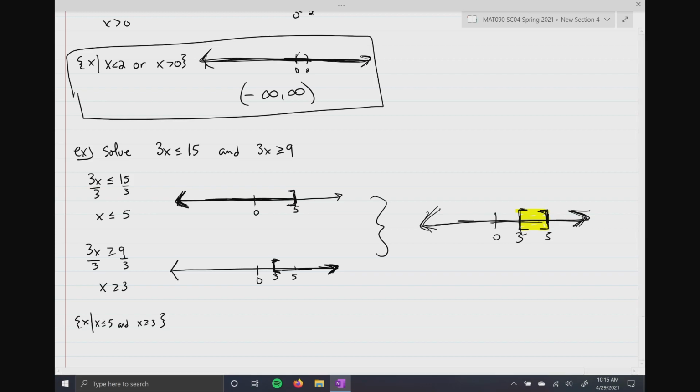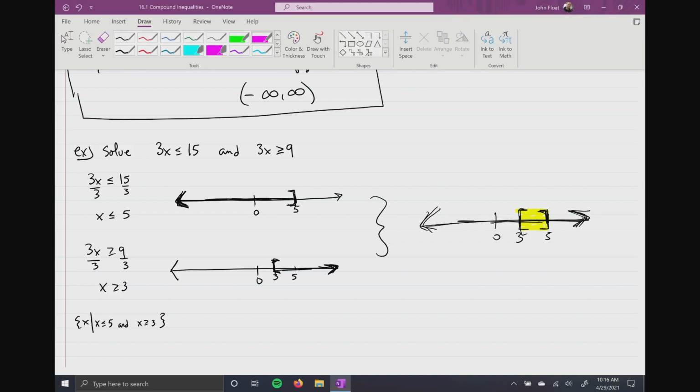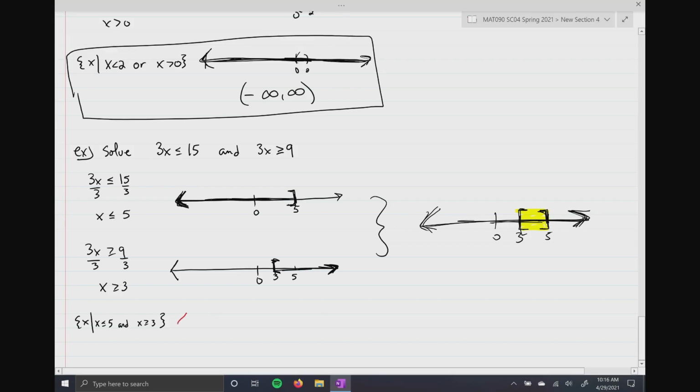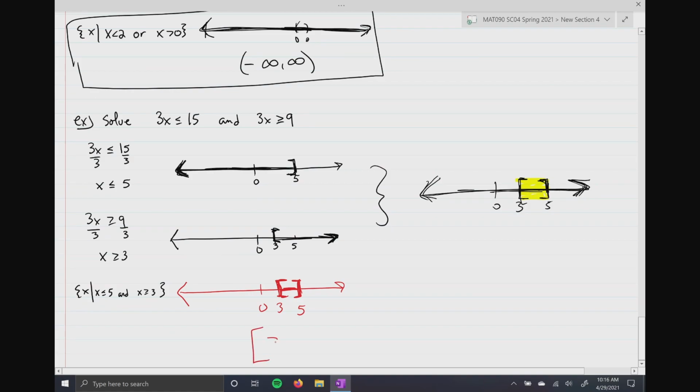So when I go ahead and write my final solution, I'm going to do this in red so you know it's different. It's only right there in the middle. And my interval notation is bracket 3, comma, 5 bracket.